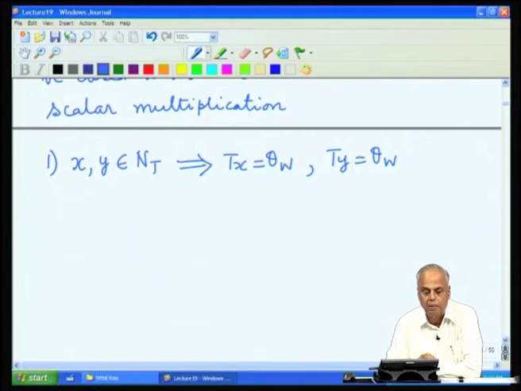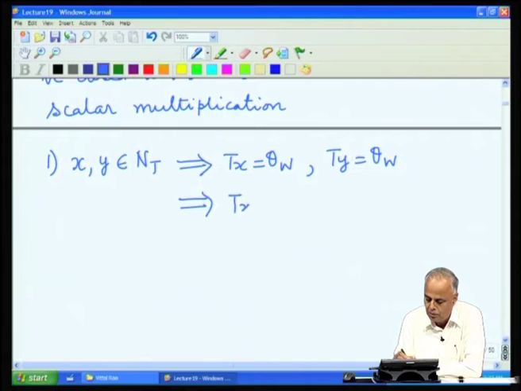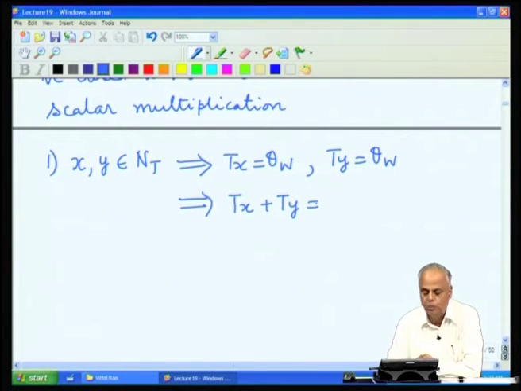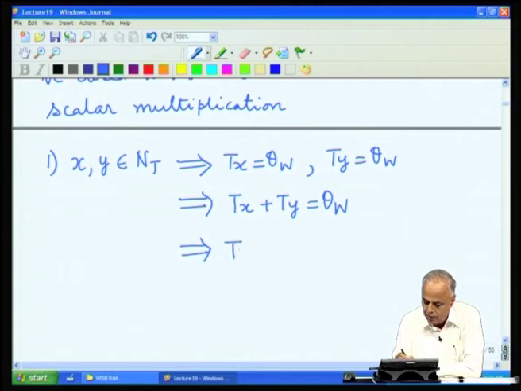That says, I can add the two and I will get theta W plus theta W, the 0 vector plus the 0 vector is the 0 vector itself. Now, we know that T is a linear transformation, therefore, T preserves addition, and hence T of x plus y is the same as T of x plus T of y.